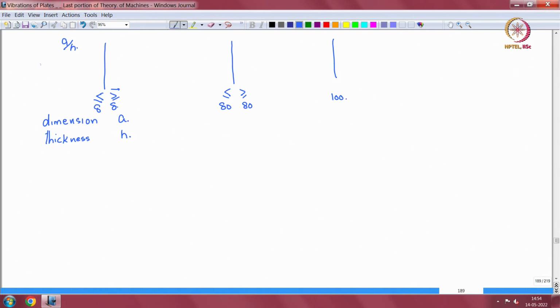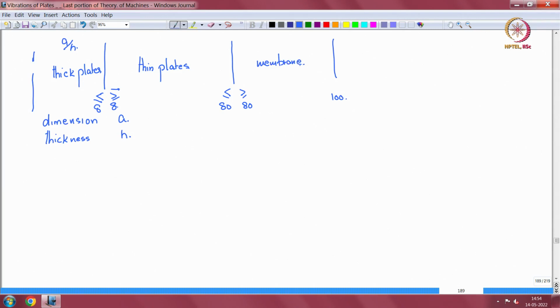If A over H lies in this range below 8, that means H is reasonably large, then we call it the thick plate region, thick plates. Then between values 8 and 80, thickness starts to reduce. So, this region we will call thin plates in some approximate sense, and then once we go beyond 80, this is called a membrane.